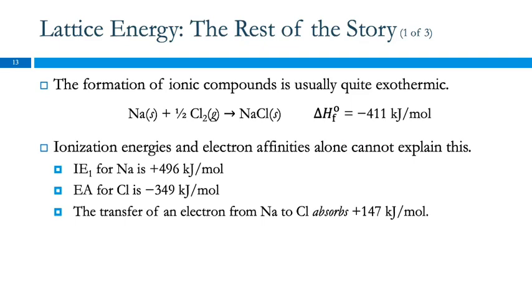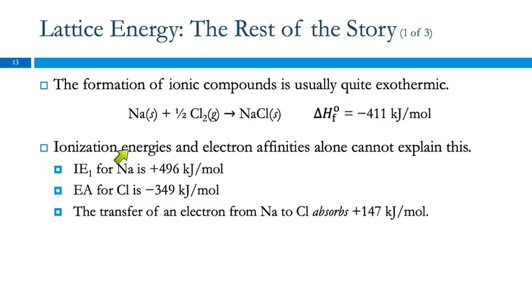So where does that energy come from? Well, we could look at the first ionization energy for sodium. To make sodium into an ion, you have to invest or give it 496 kilojoules. And then the electron affinity for chlorine is exothermic, so that's going to release 349 kilojoules for every mole.